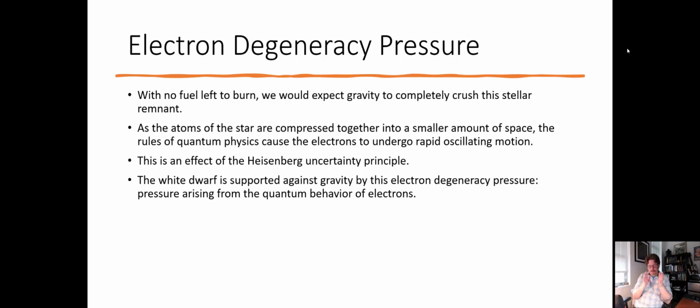Simply put, it ultimately means that no two particles can occupy the same space at the same time. So no two electrons can sit on top of each other.